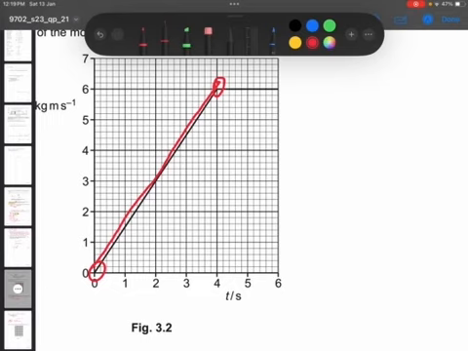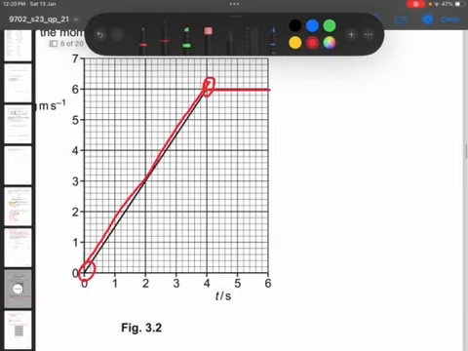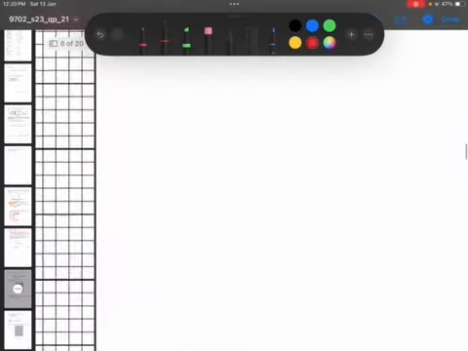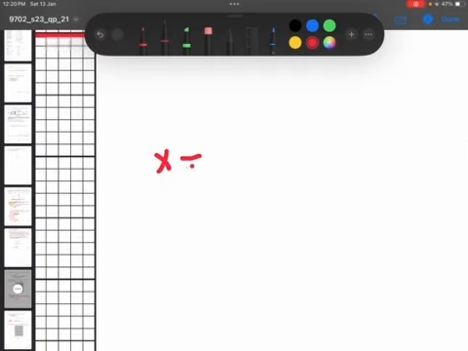Now, what about this region from 4 seconds to 6 seconds? From 4 seconds to 6 seconds, the gradient is 0 here. So if the gradient is 0, it means that the resultant force will be 0, because the resultant force is given by the gradient of the graph of momentum against time. Remember we had said that force X is equal to the 2 newton force plus the resultant force at that particular time.